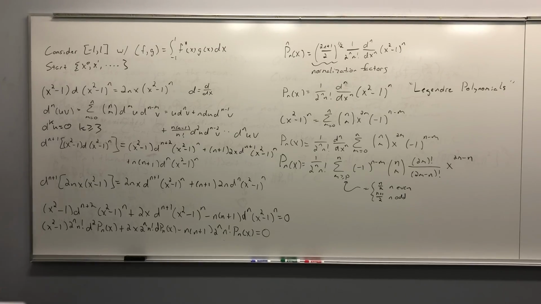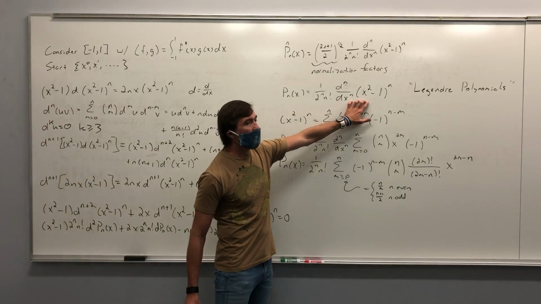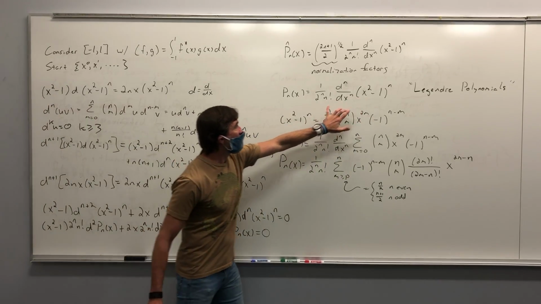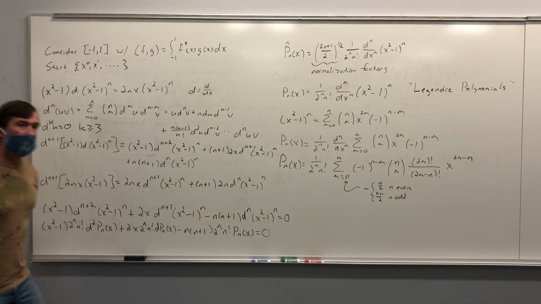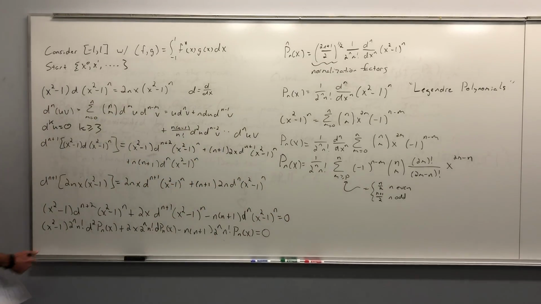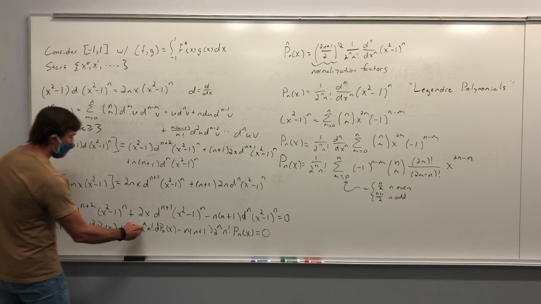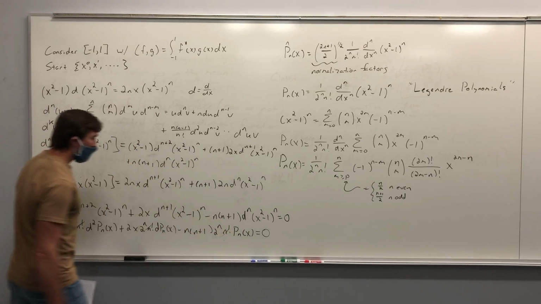That's literally just taking this expression and using it to replace these derivatives. Now obviously everything has a factor of 2^n n factorial, so we can get rid of those.